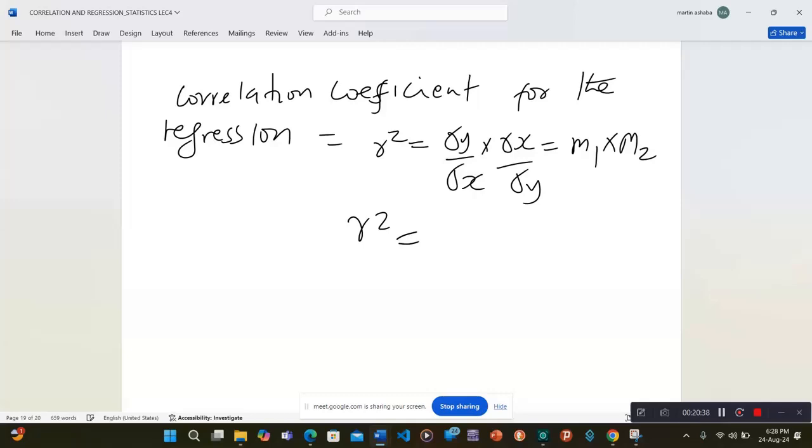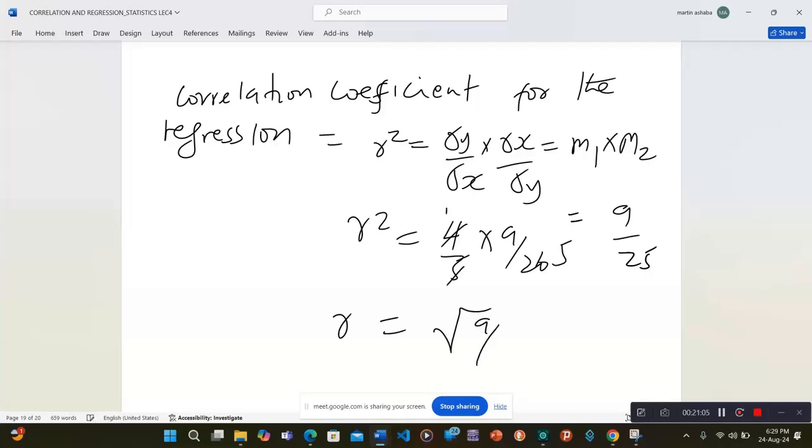So r squared is equal to what we already have, 4 out of 5 times 9 out of 20. This one by 4, 1 by 4 5, so you'll have 9 out of 25. So what is r? R is equal to the root of 9 out of 25, which will be 3 out of 5.